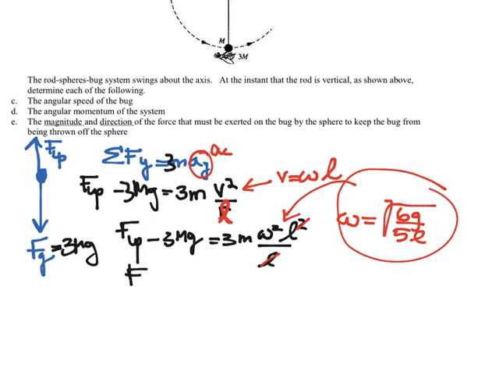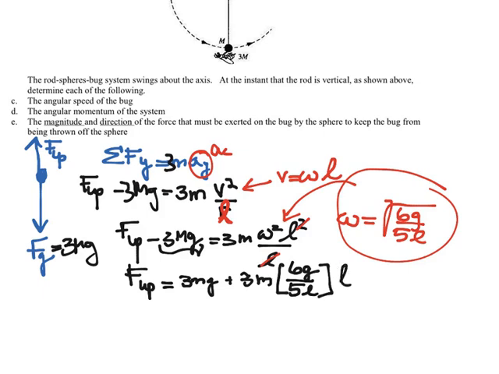So now I have F up. I'm also going to bring this to the other side by adding it, is equal to 3mg plus 3m. Omega squared is just going to be everything taken out of the square root, so 6g divided by 5L times L. Okay, now these two L's will cancel, and I have F up is equal to 3mg.